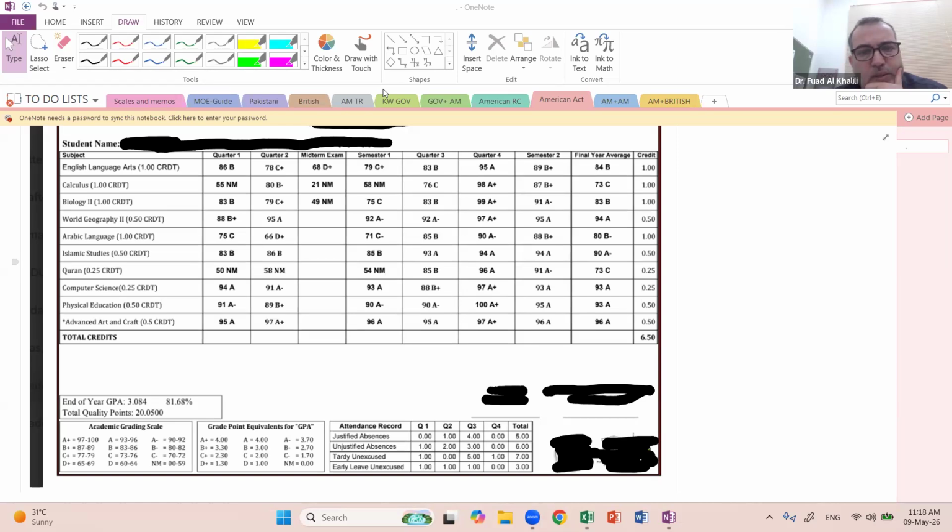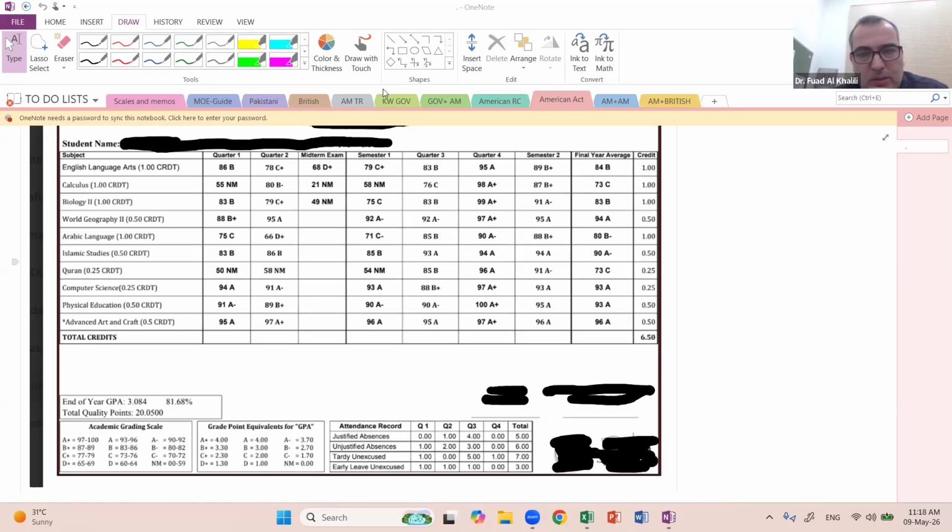I have different numbers. I see different numbers. It should be the same number because this is an American high school report card. It should be straightforward. 3.62? Sorry? 3.62?